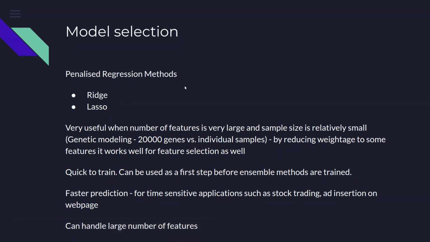It means that we run the regression method, but during the optimization process, we penalize the algorithm if the weight given to any feature is very high. And how do we do that? We do that through two different methods called ridge and lasso. Okay, and how do these operate?